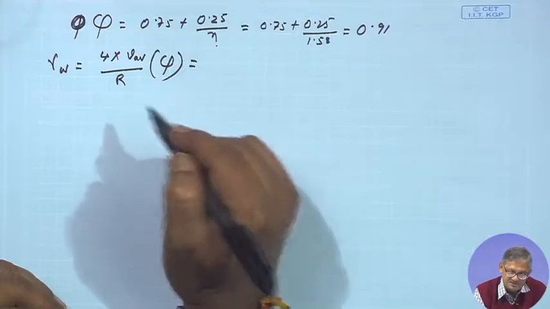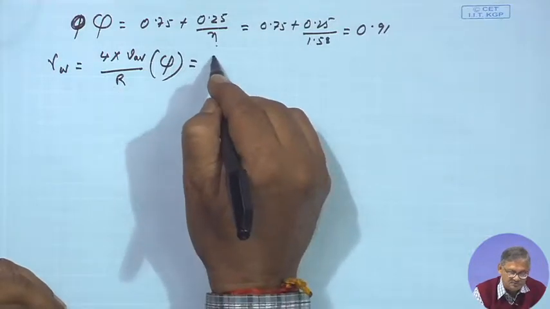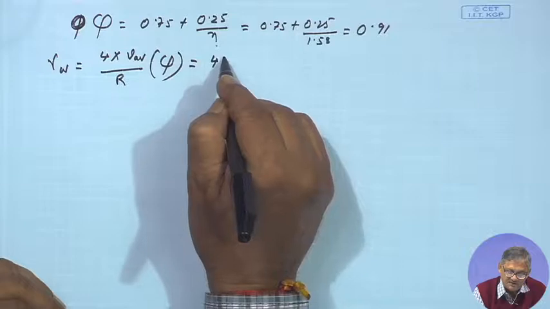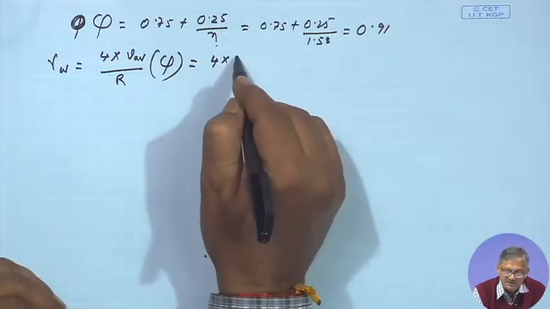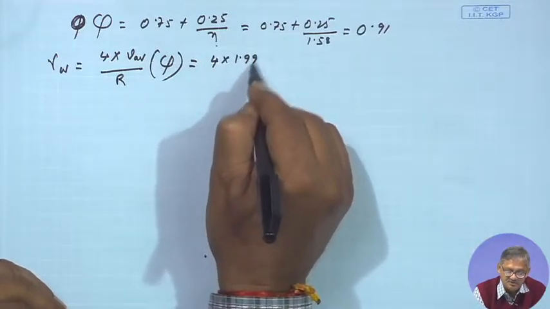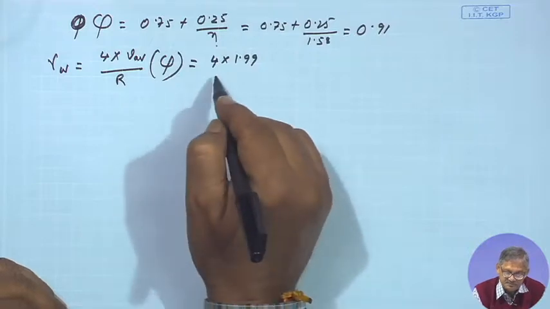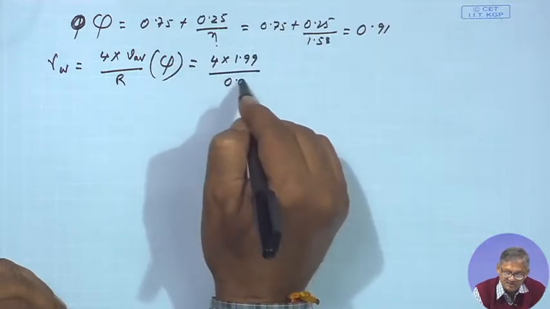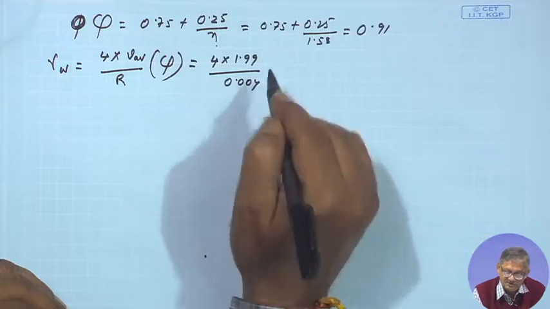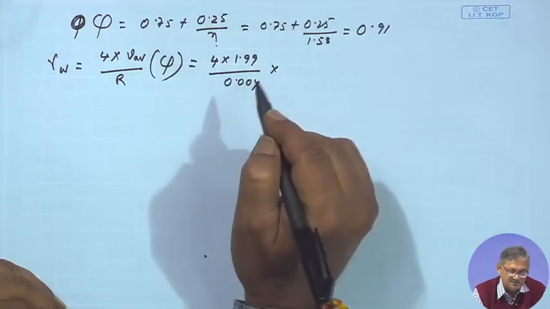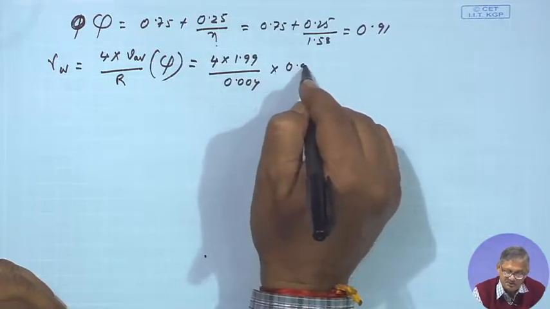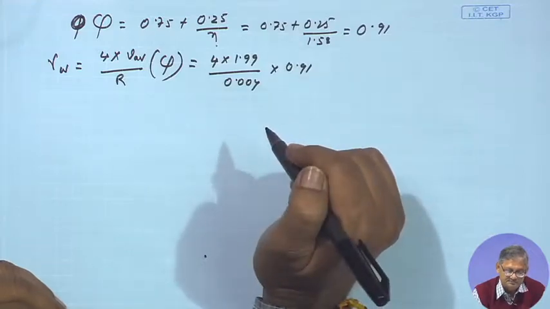This was 4 times V average, in the second case we got 1.99, and R was 0.004 and psi was 0.91.